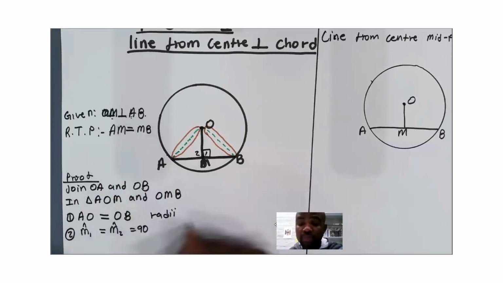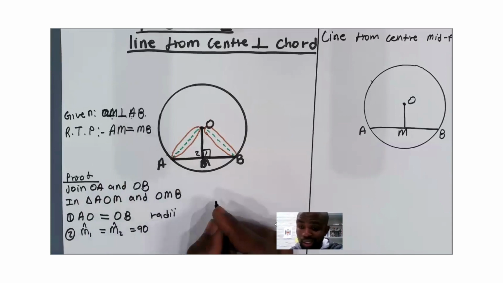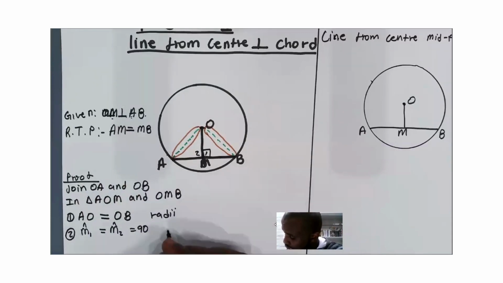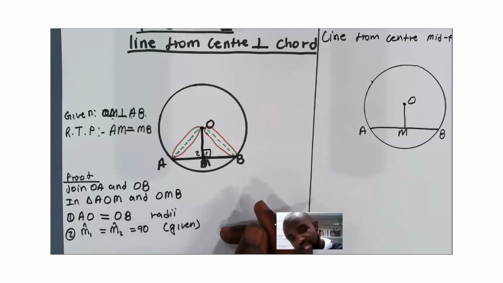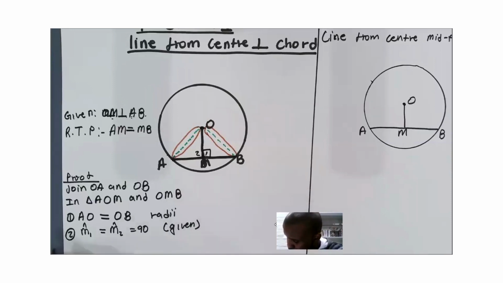Perpendicular means something has to be 90 degrees. And being the reason it's given, guys, you're being told. There's no need of finding a reason. They told you these two things are perpendicular, meaning they are forming an angle which is 90 degrees.